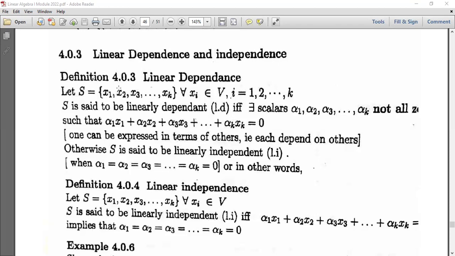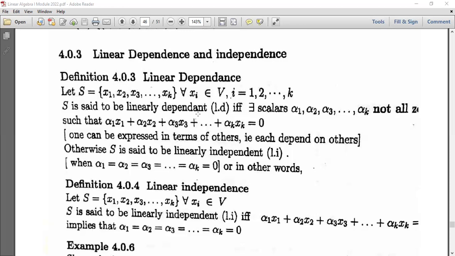If we write the linear combination of this set with constants alpha 1, alpha 2 up to alpha k, and it comes out that not all the constants are zeros, yet the linear combination is 0, it means that the set is said to be linearly dependent.